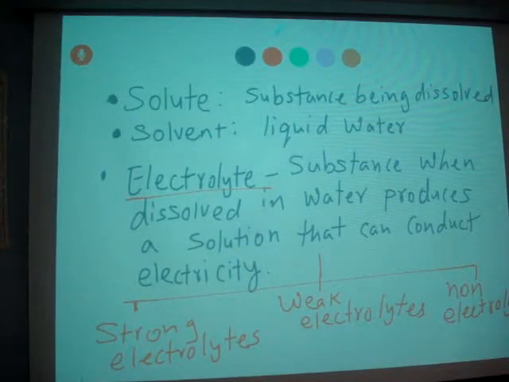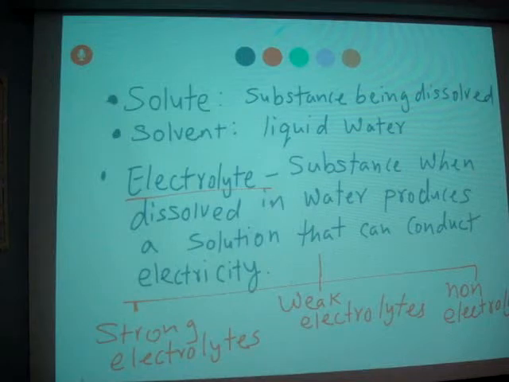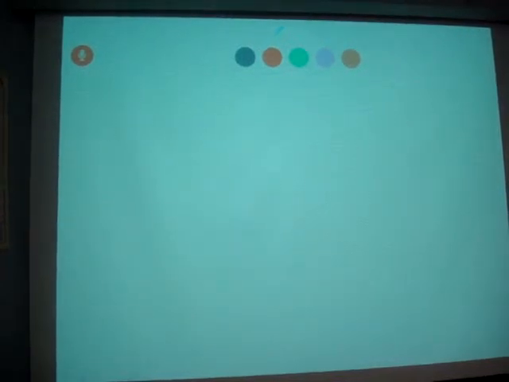So we'll differentiate those electrolytes. How can we differentiate? For that, let me show you one piece of equipment that usually helps us identify solutions as strong, weak, or non-electrolytes. I'm trying to draw that.